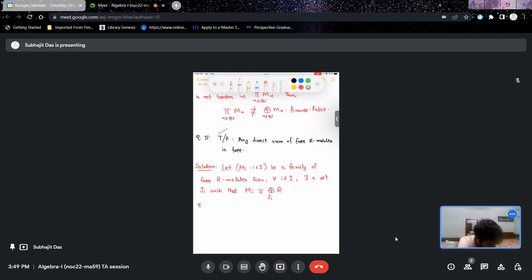Okay. Thus what can we get? The direct sum of M_i, if you take the direct sum of this family i in I, is just the direct sum over i in I of the direct sum over J_i of R, which is isomorphic to, or equal to, the direct sum over the disjoint union of the J_i, i in I, of R, right?